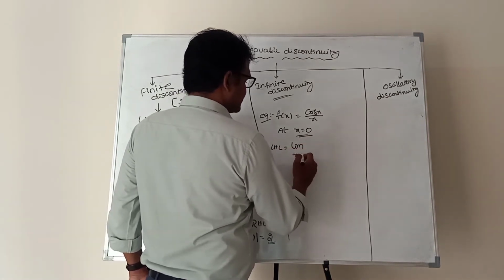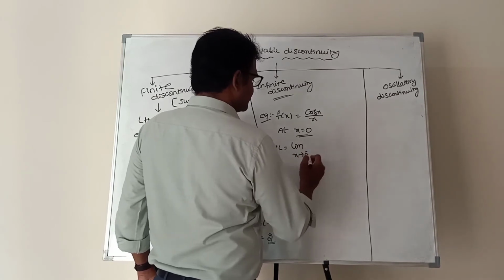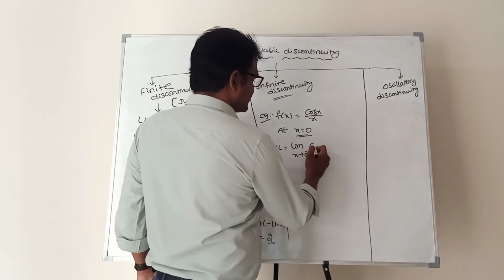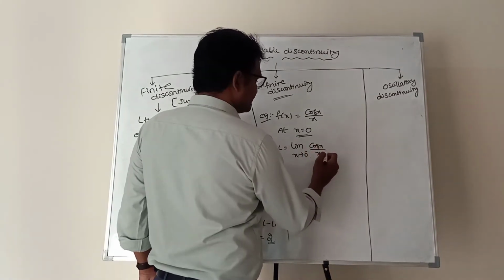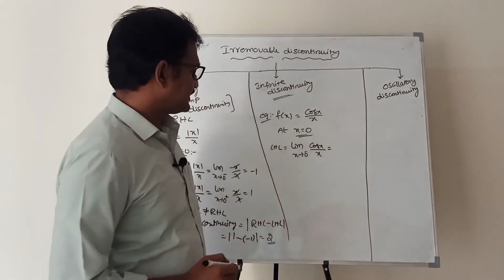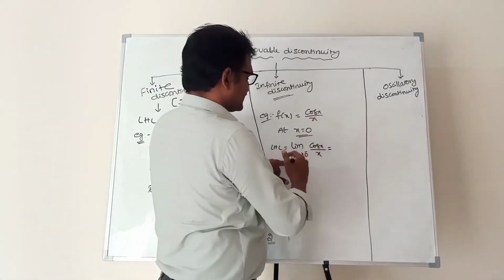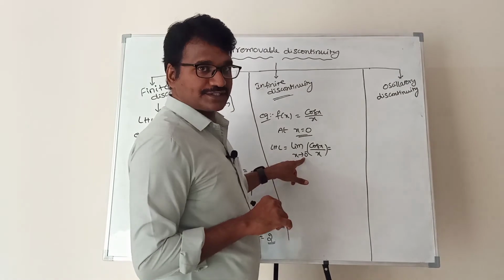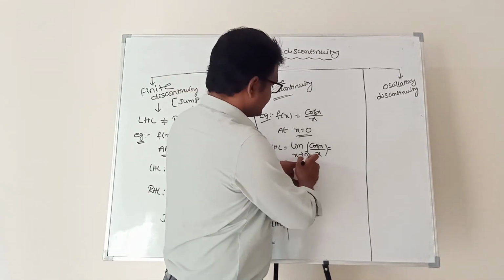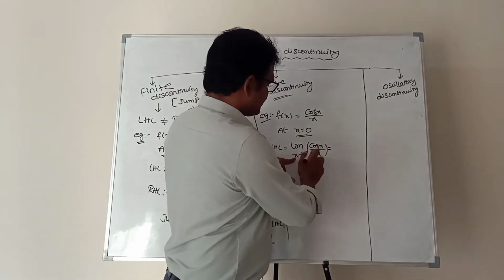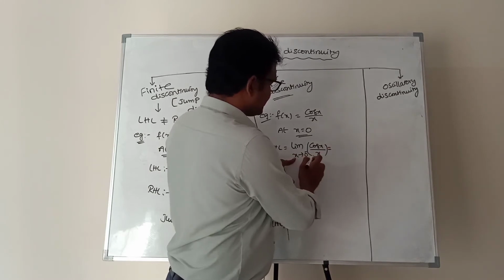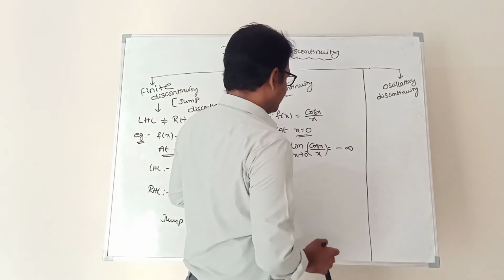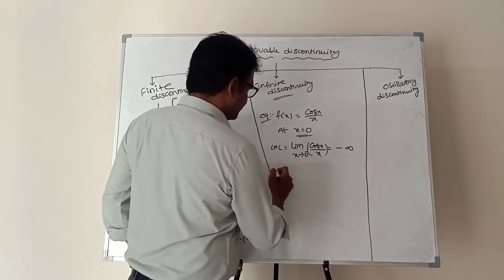Limit x tends to 0 minus of cos x by x. The given function is cos x by x. What is the x value? 0 minus, which means minus 0. Cos 0 is 1. So 1 by minus 0 means minus infinity.